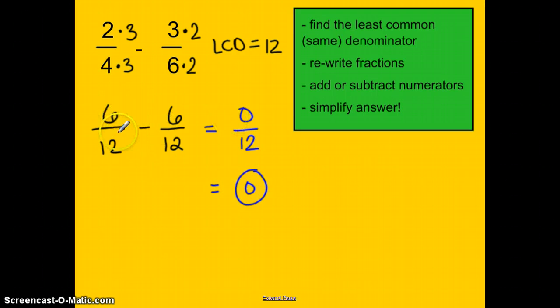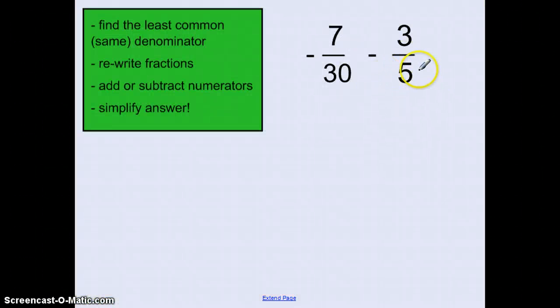That makes sense because if you take one number and subtract itself from it, we get 0. And here's one more, negative 7/30 minus 3/5. First of all, we'll think about our LCD. In this one, the smallest number that's a multiple of both 30 and 5 is 30. Sometimes it happens that one of the numbers will be the LCD, and that is perfectly okay. So we've got a 30 on the bottom of both.